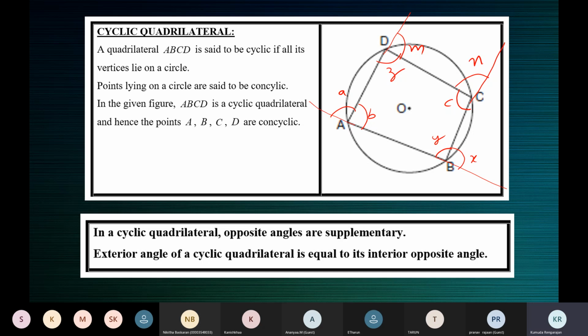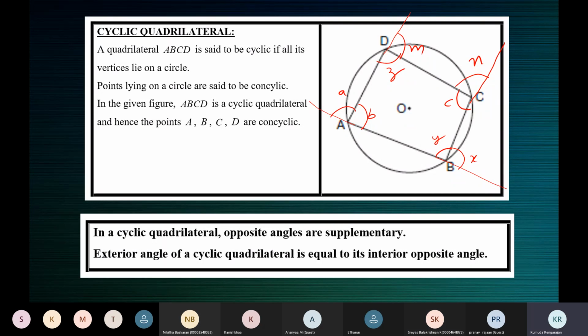Name the exterior angles you see in this figure. Ma'am, A, M, N and X. Exactly.